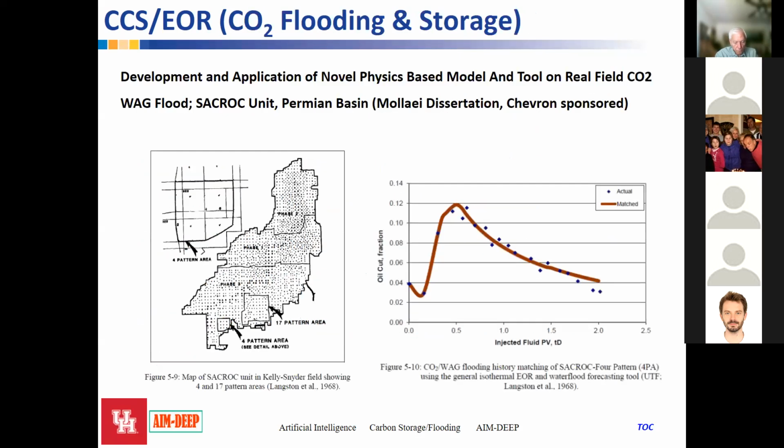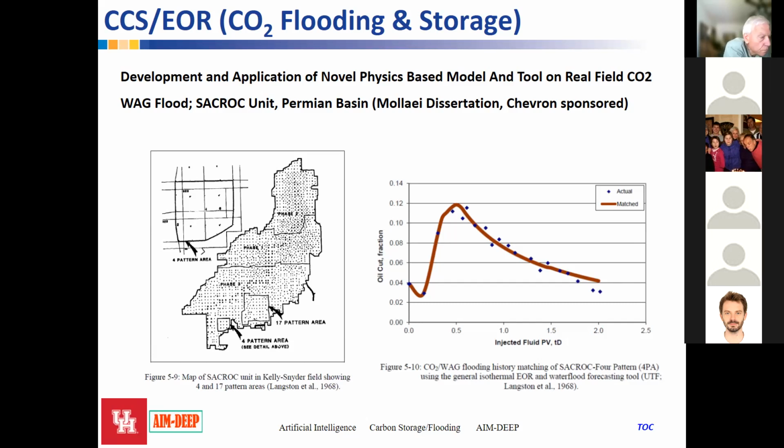So this is just one of the outputs of the analytical modeling that we did for one of the famous Permian Basin CO2 projects, the SACROC project. I'm sure most of the people here probably know that.